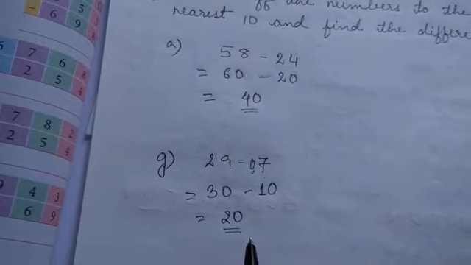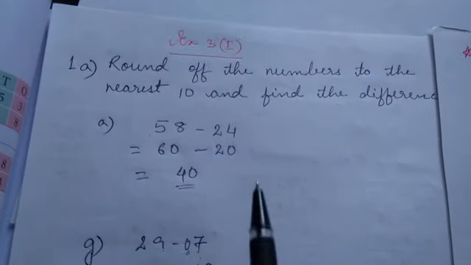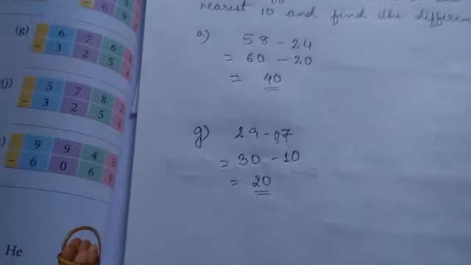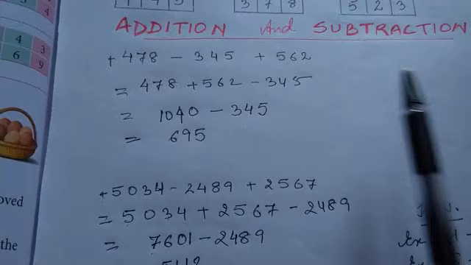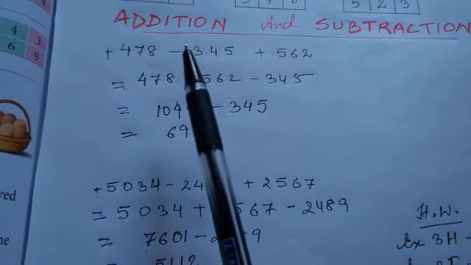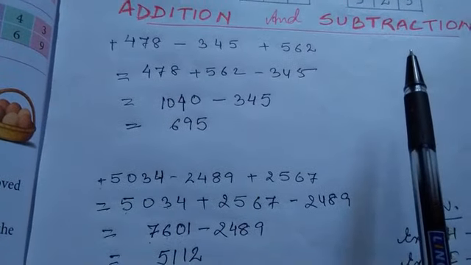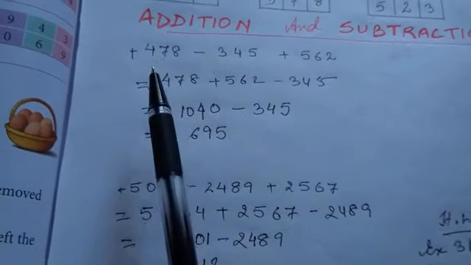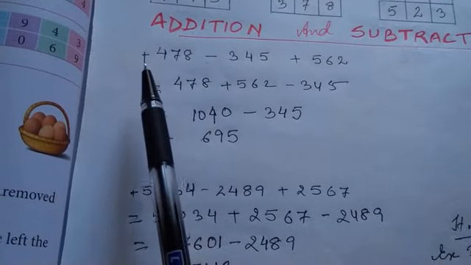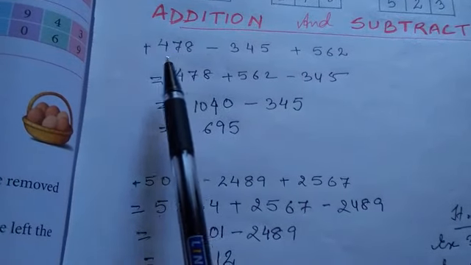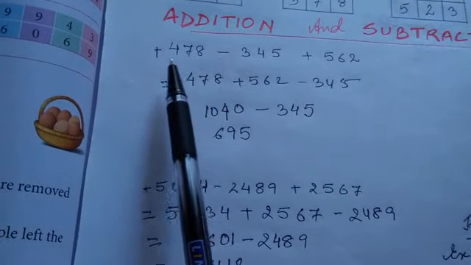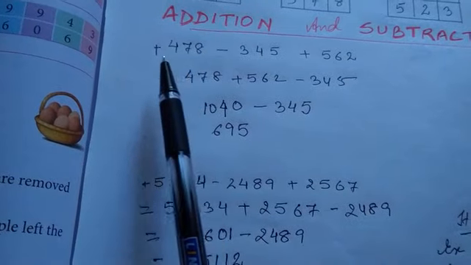So this is the way you are going to solve exercise 3I. Okay, now let us revise addition and subtraction I have taught you today, and you are going to do the addition first and then only you need to subtract. I have told you when there is no sign in front of any number, you need to know that it is a plus sign, a positive sign.